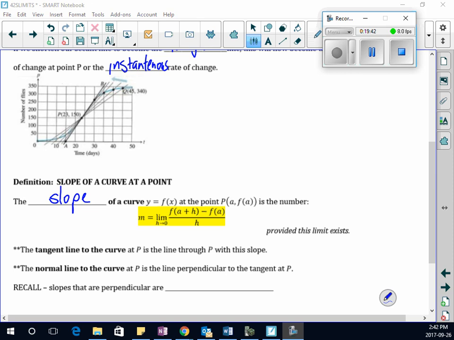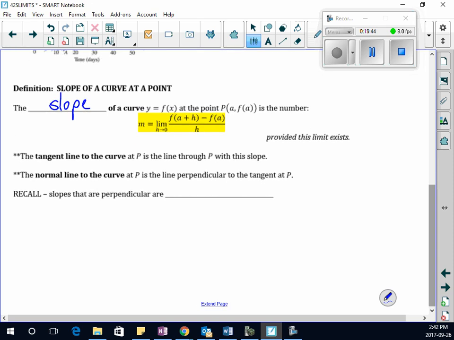The tangent line to the curve at P is the line through point P with this slope. Here's a new definition in case you didn't know that. The normal line to a curve is the line perpendicular to the tangent. Does anybody remember from grade 10 what we know about slopes of perpendicular lines? They're not the same. Parallel are the same.